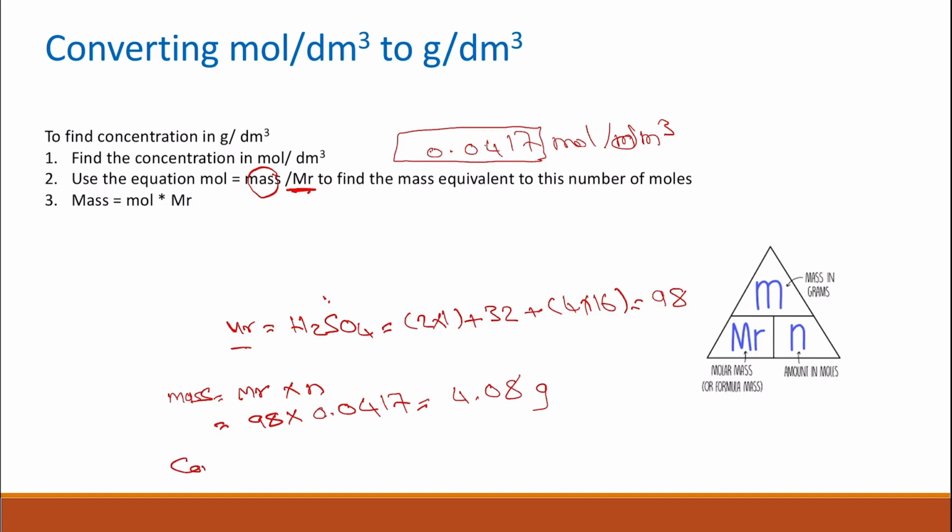So the concentration in gram per decimeter cubed will equal 4.08 gram per decimeter cubed. So this is how you convert the concentration in mole per decimeter cubed into gram per decimeter cubed.